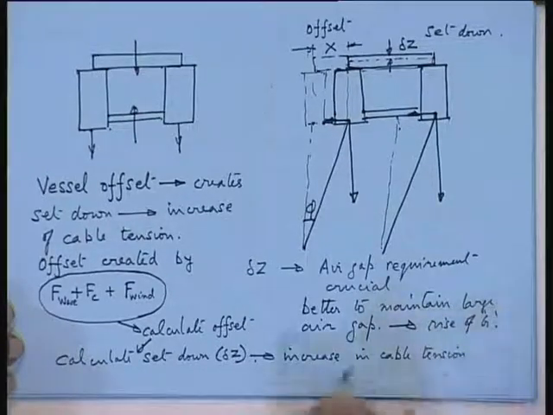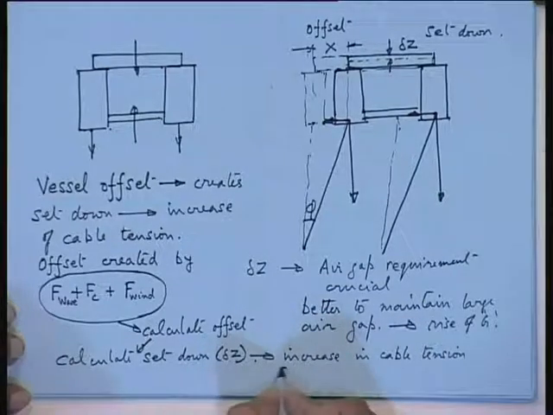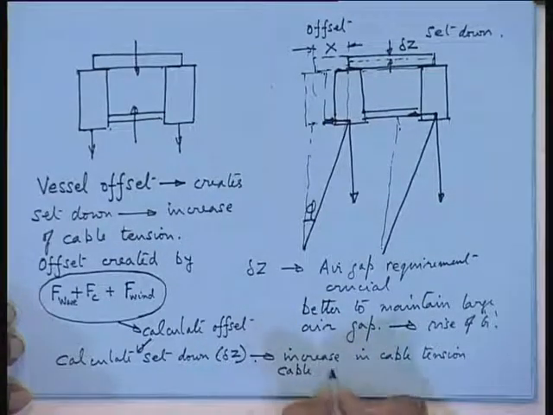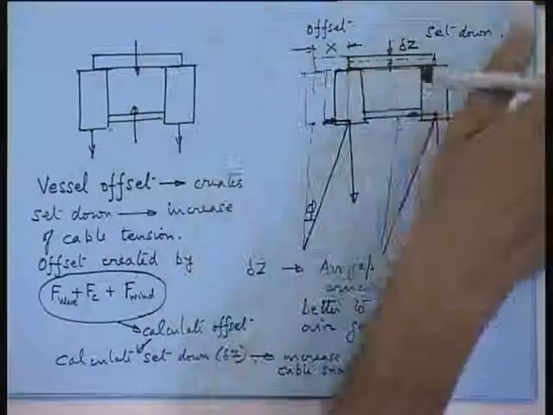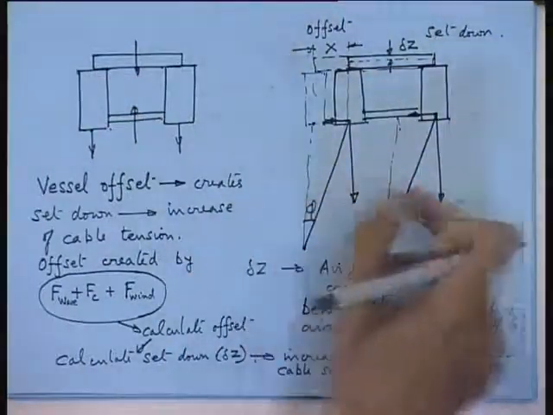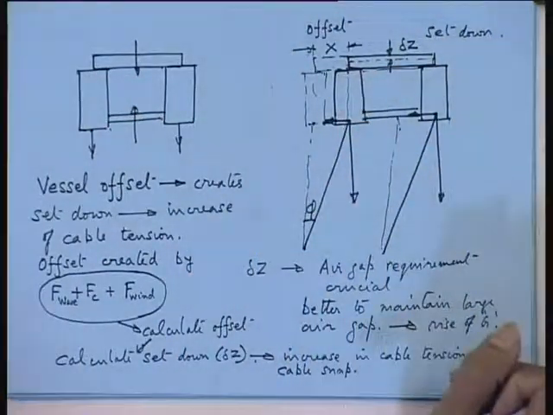Now, this increase in cable tension should not be so high that it leads to cable snap because of offset. So, if you have a very large offset, then your cables cannot accommodate that, so it will snap.